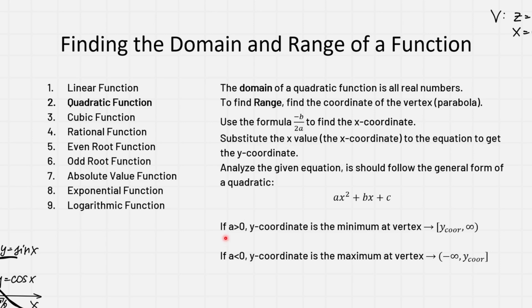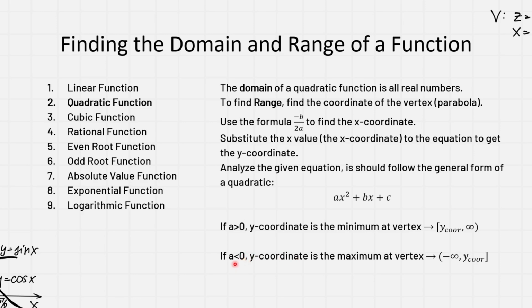If your a is greater than 0, then your y coordinate is the minimum at vertex, and you just need to follow this format. This will be your range. Your bracket, y coordinate, comma, positive infinity, parenthesis.